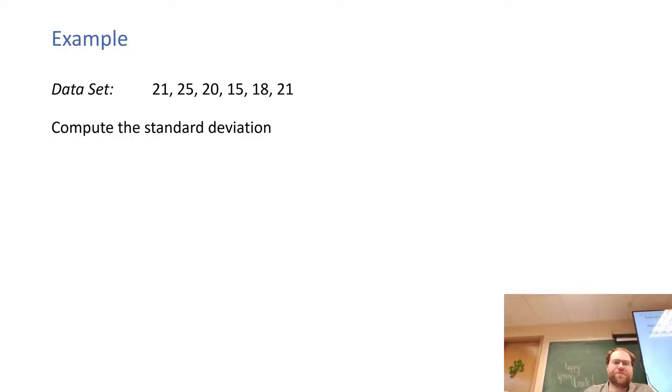If we need to compute the standard deviation, what was the first thing in our process? Mean. Yep, find the mean. So if you calculate the mean of those values, 20. Yep, I agree with that. What was the next step?